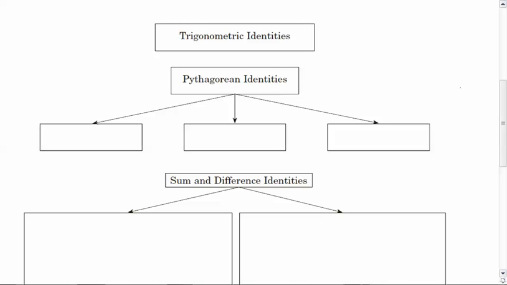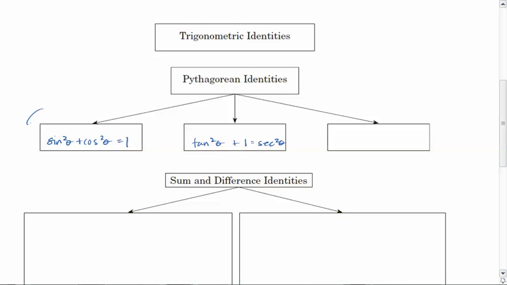So let's start with the Pythagorean identities. That's where we have sine squared theta plus cosine squared theta is equal to 1, as we remember from that triangle. And we remembered that if we divided everything by sine squared or by cosine squared, we are able to derive the other two. So we also have tangent squared theta plus 1 is equal to secant squared theta.